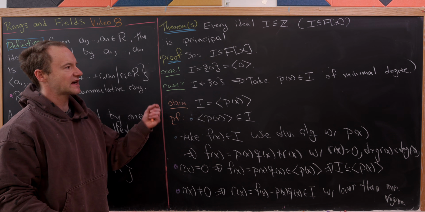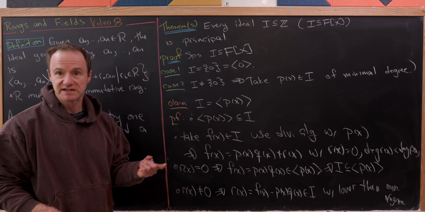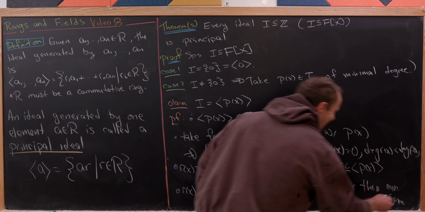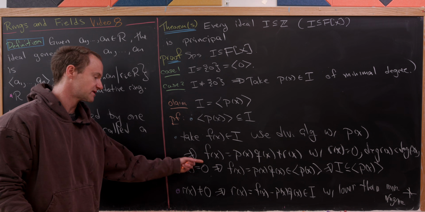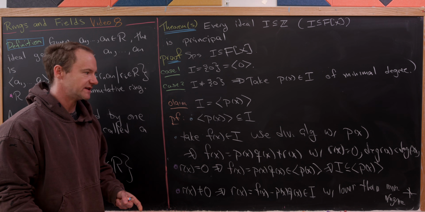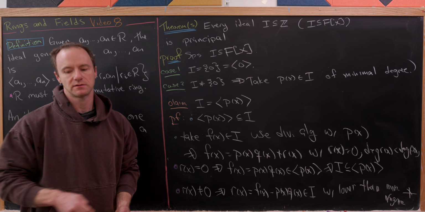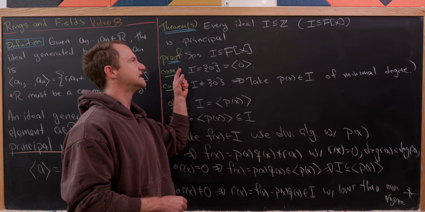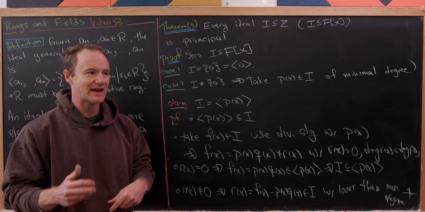But the degree of p of x was a minimal possible degree, so we found something with smaller than minimal degree, but of course that is a contradiction. Meaning that this first case, where our remainder was 0, is really the only case, meaning that we did have a principal ideal.